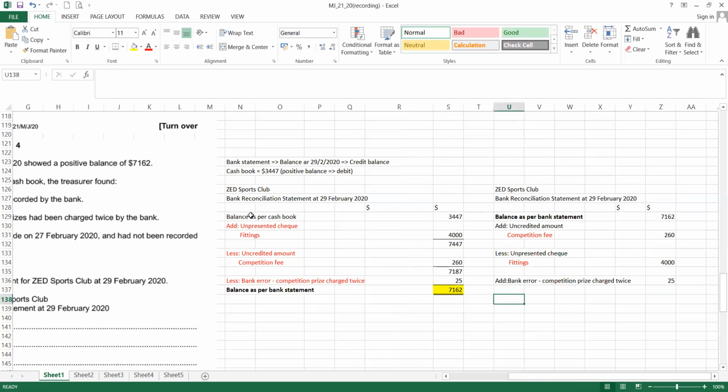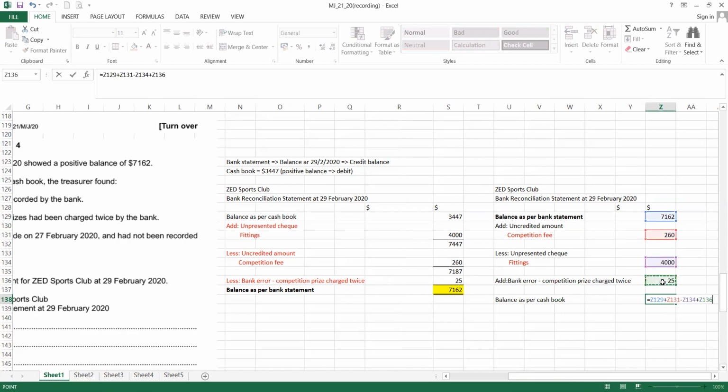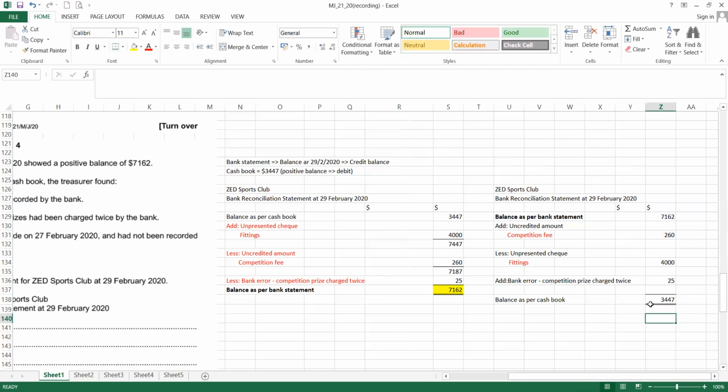Okay, last balance as per cash book. So we take this plus, less, and plus. So we get back the same as per cash book.